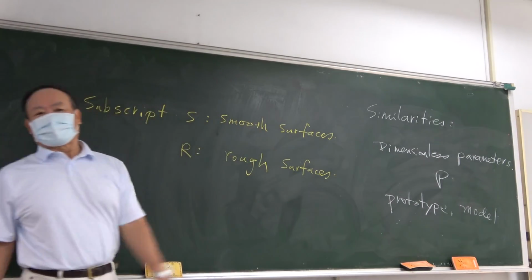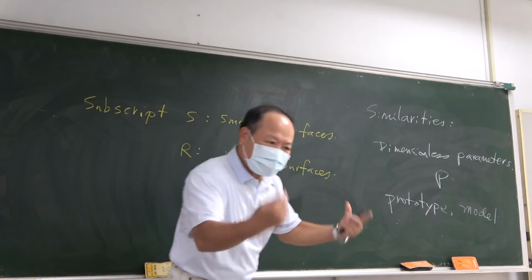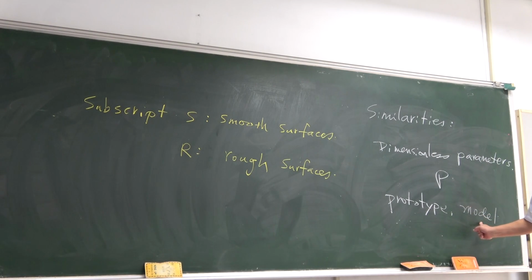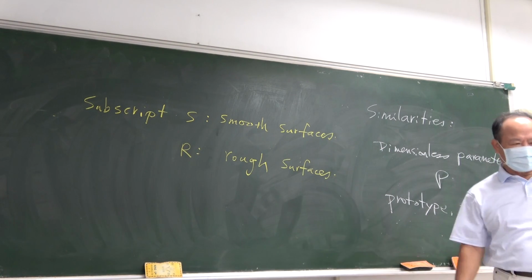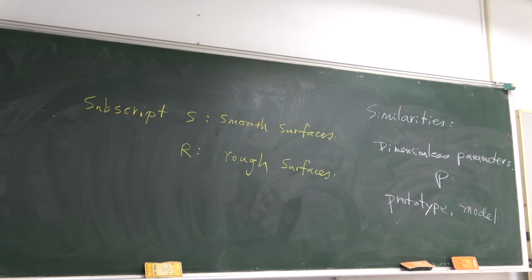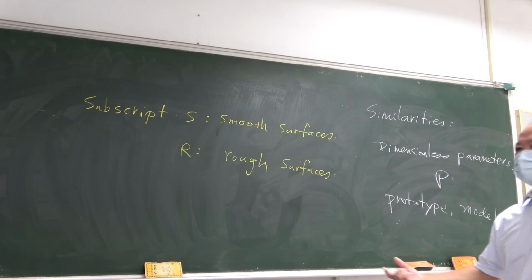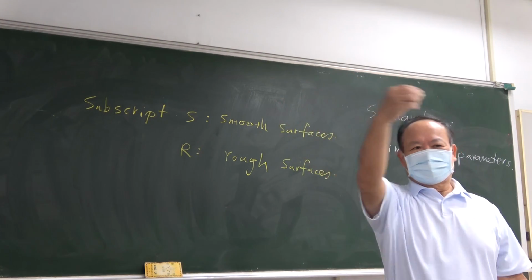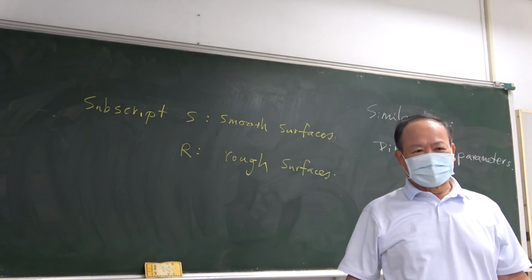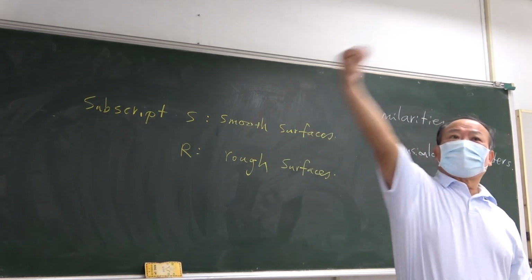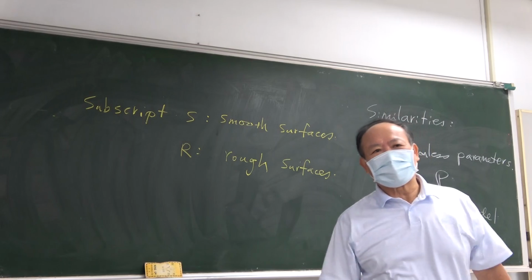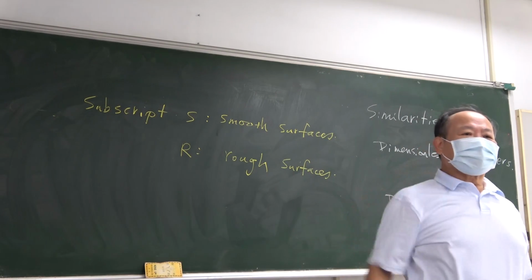Prototype 就是原型。什么叫原型？实际的情况。What is the model? Model 就是模型。比如一个飞机, for example, what is meant by prototype? For a jet flying, okay? They fly in the real condition, but we cannot put our experiment in the real condition.